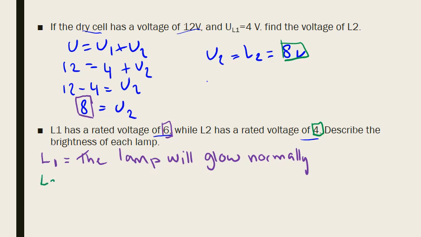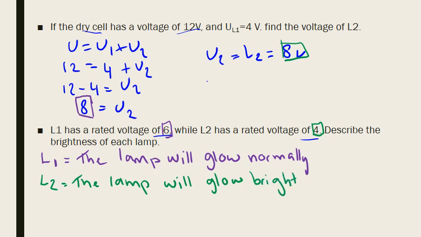The voltage it's receiving is much higher than the rated voltage of the lamp. The lamp will glow brightly, but this won't stay for long. It will switch off, it will burn out, due to it having a higher voltage.